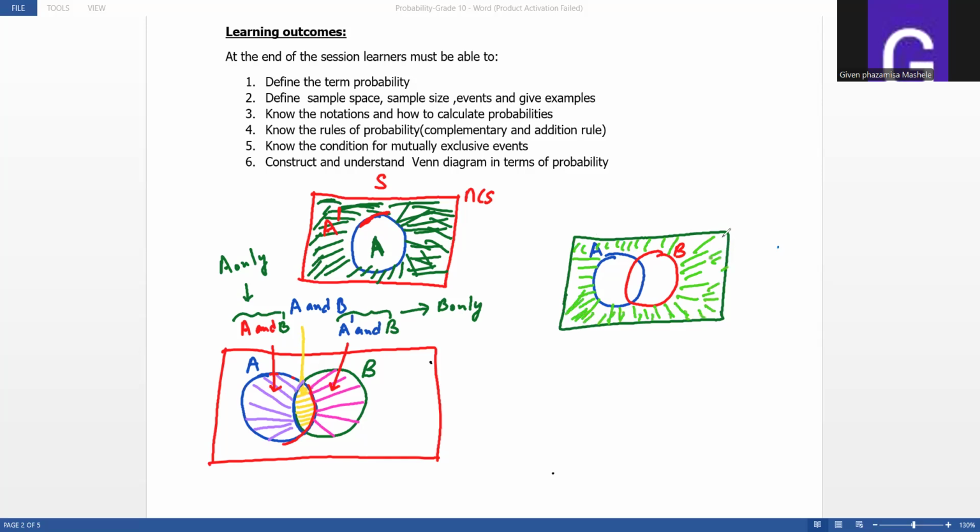So this region here, it's neither A. The A is this one, by the way.